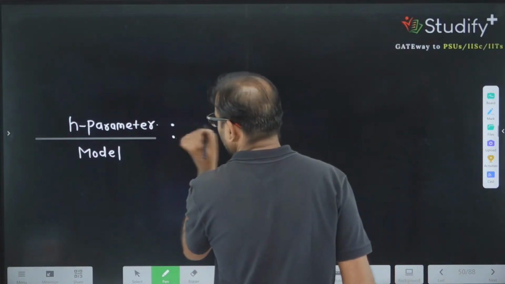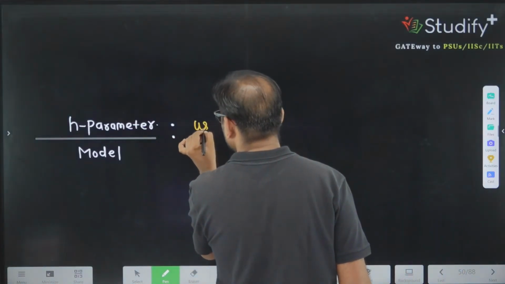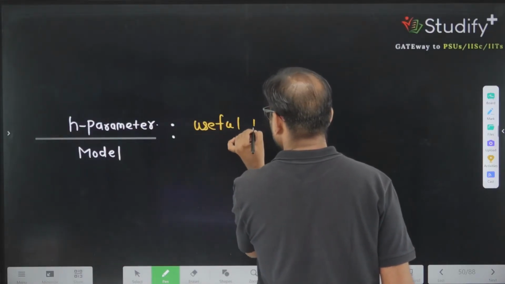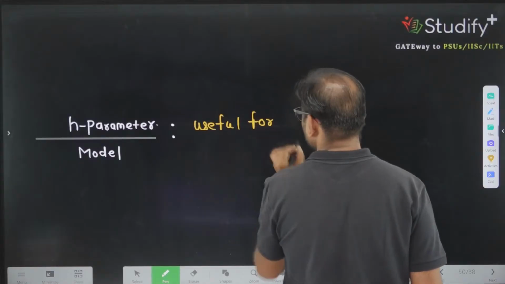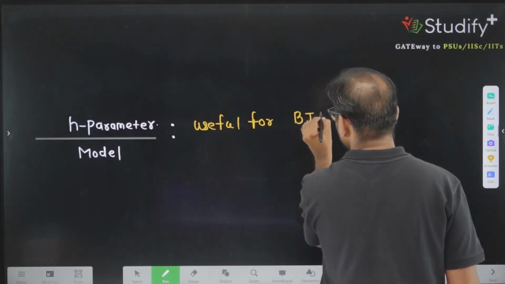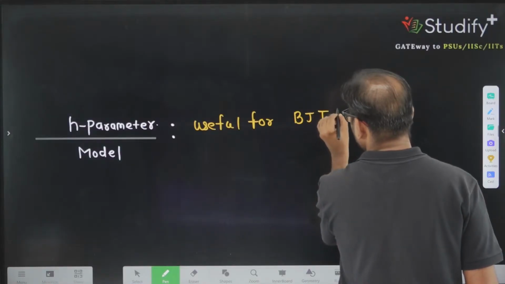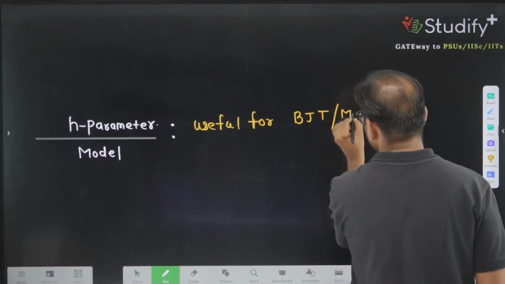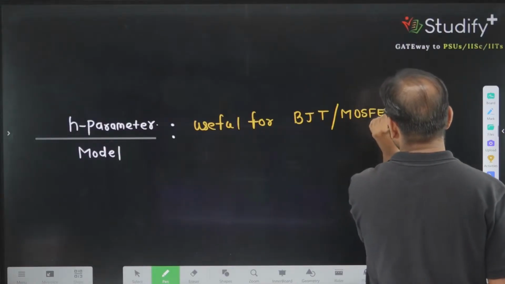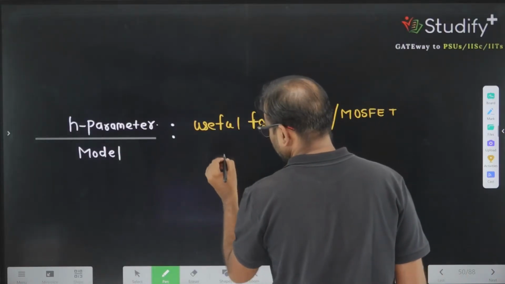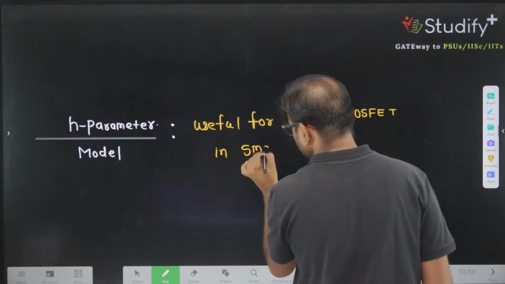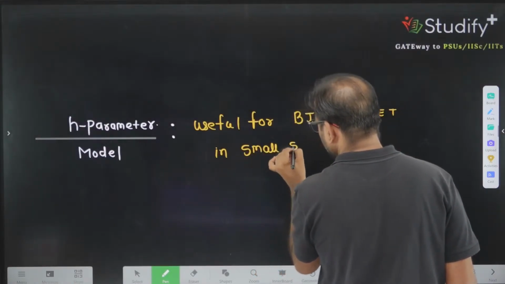So useful for BJT or MOSFET, in which case, in small signal.